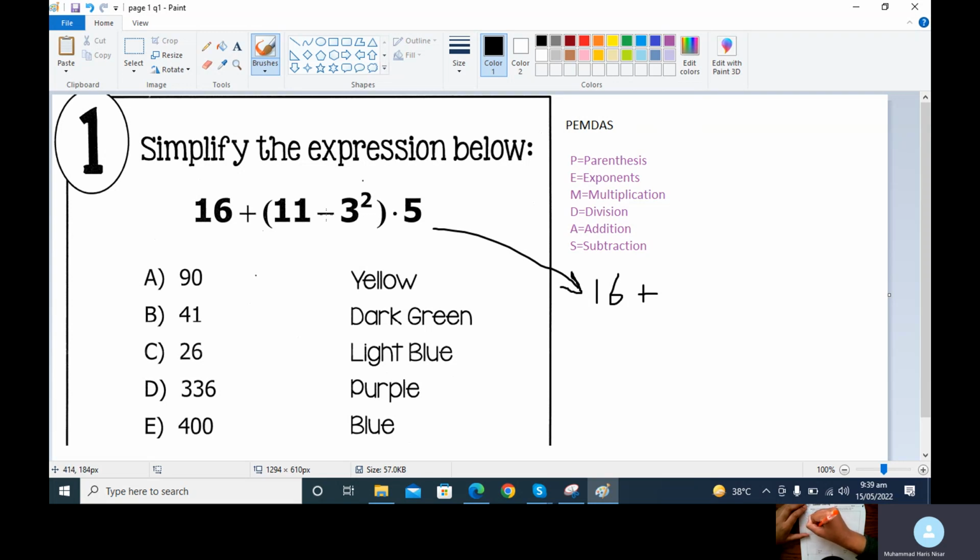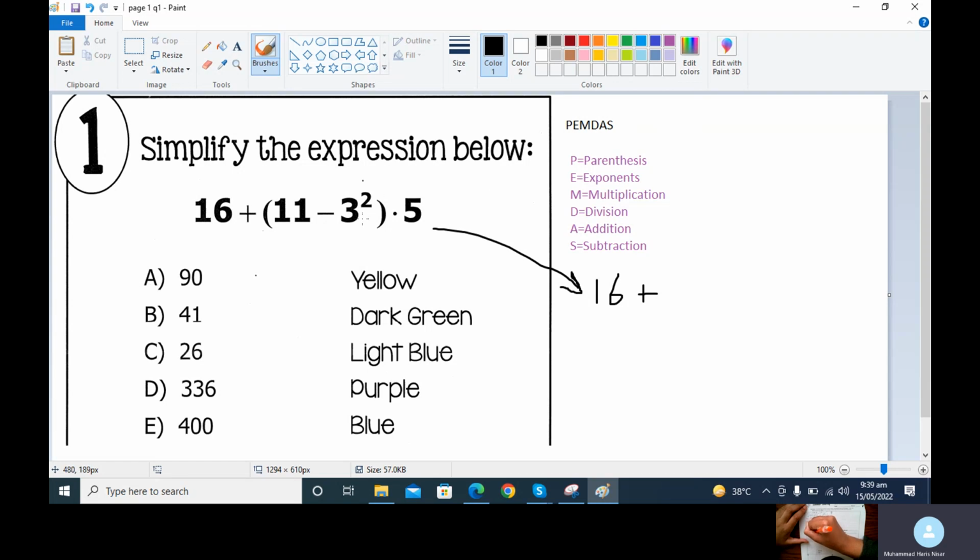So we need to solve it, but we can't subtract 3 squared from 11 directly. First we need to square it, since exponents come after parentheses.